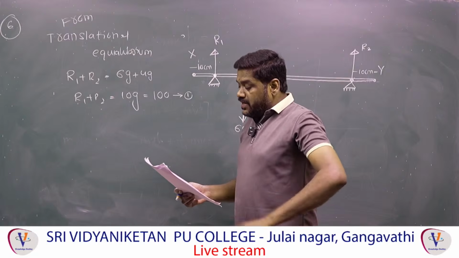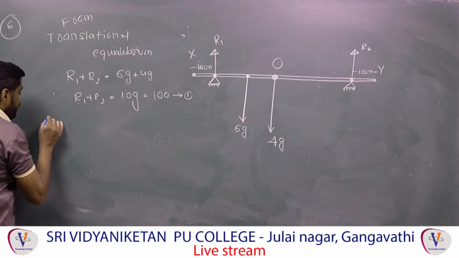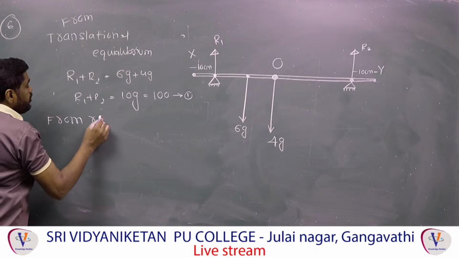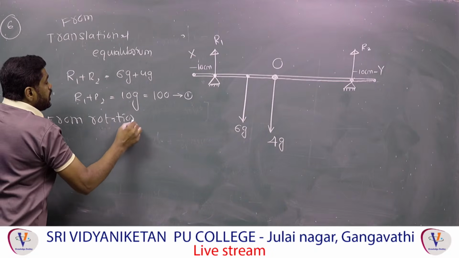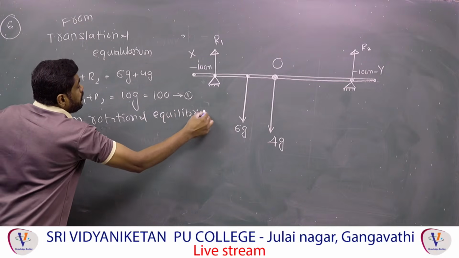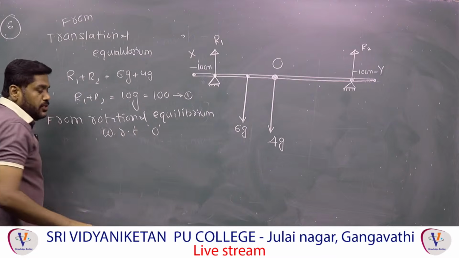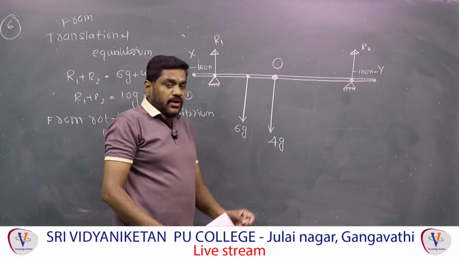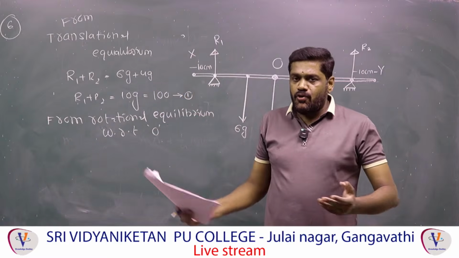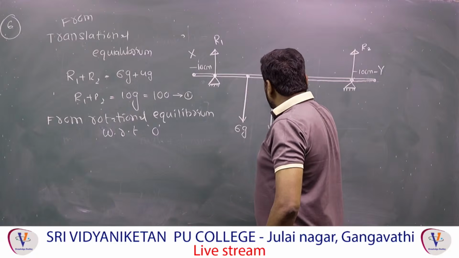Now the second point: according to rotational equilibrium, with respect to O. It is compulsory to take one point for measuring the torque. For force there is no requirement of any point, but for the measurement of torque we have to take one point.